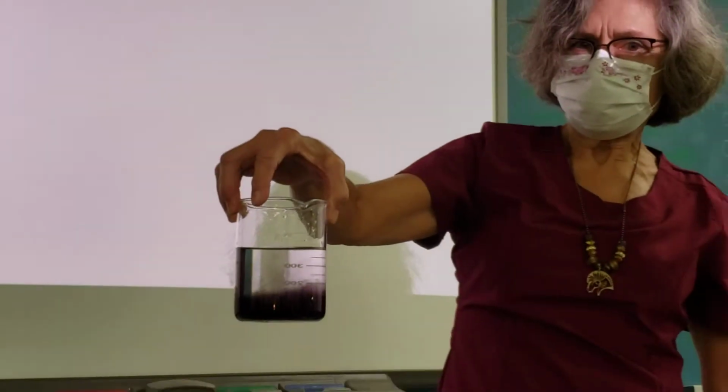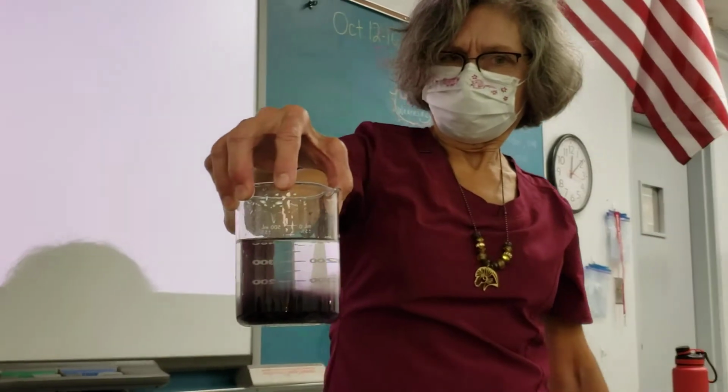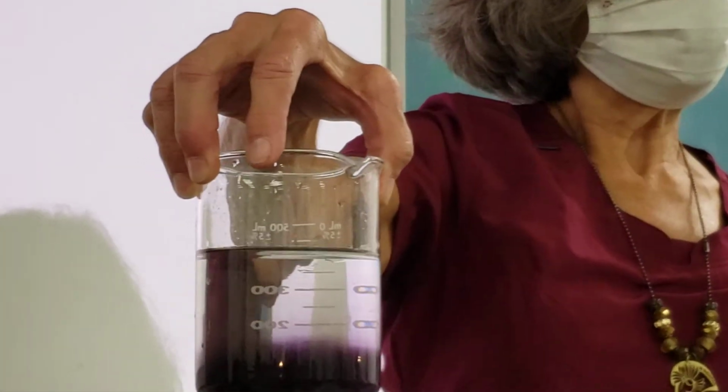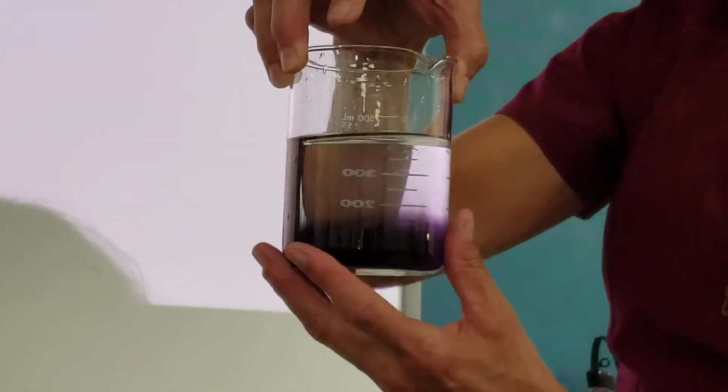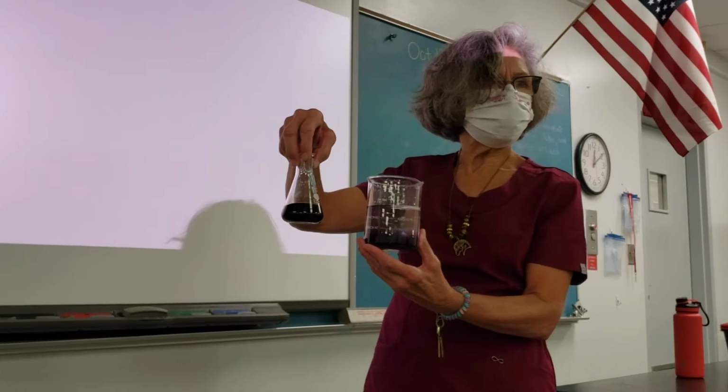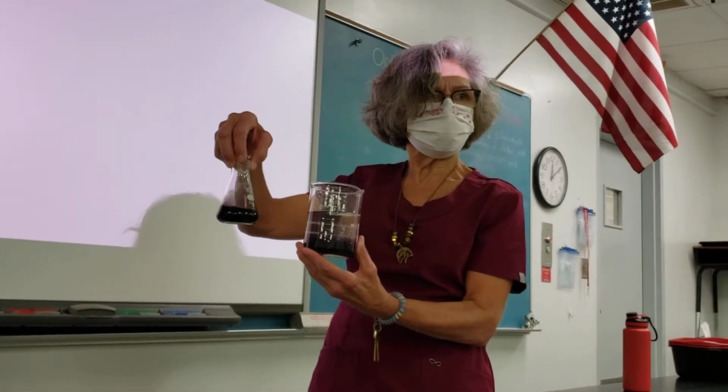So what do you observe? If I were to stir that, it would probably completely blend, and it would not be as dark as the original dye, but it wouldn't be as clear as the water.